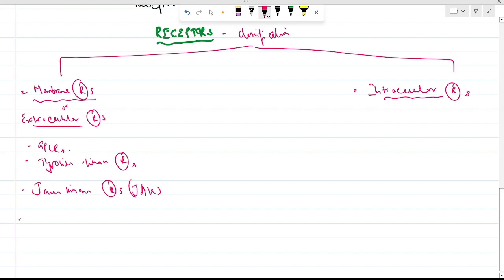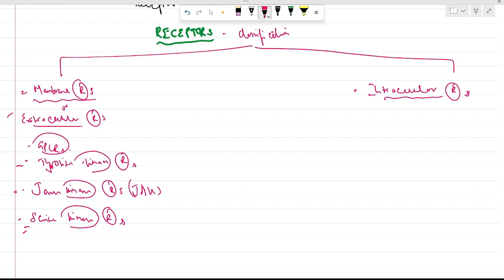Next one is serine kinase receptors. So you have seen from all these examples that there is this kinase word. The tyrosine, Janus kinase, and serine kinase receptors, along with the G protein coupled receptors, are membrane or extracellular receptors.